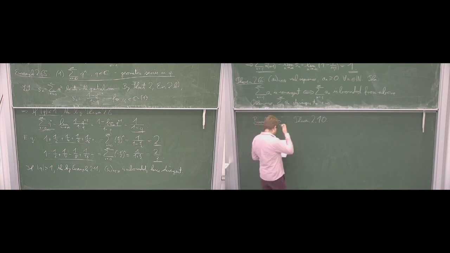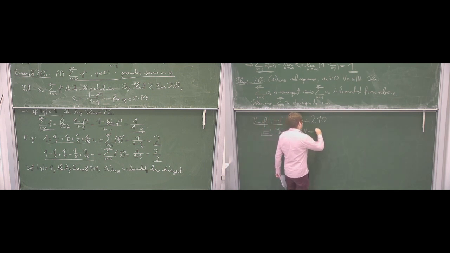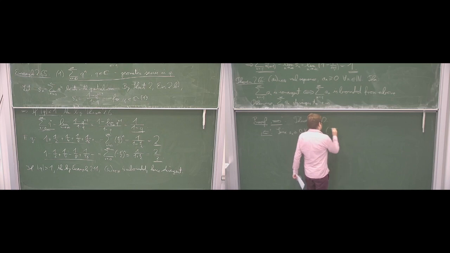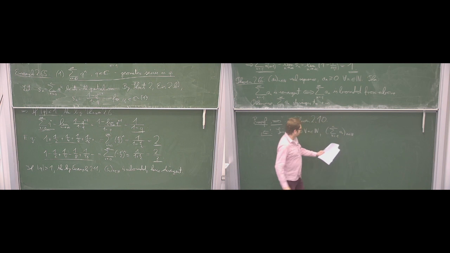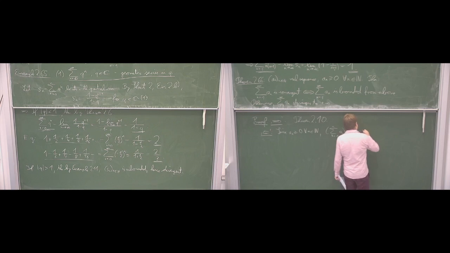Since all terms of the sequence are non-negative, so a_n is bigger than or equal to 0 for all n in N, we can see that the sequence of partial sums, which would then be the sequence of sums from k equal to 1 to n of a_k, n in N. So we see with n becoming bigger, we just add more terms which are non-negative, and this means that this sequence here is monotonically increasing.